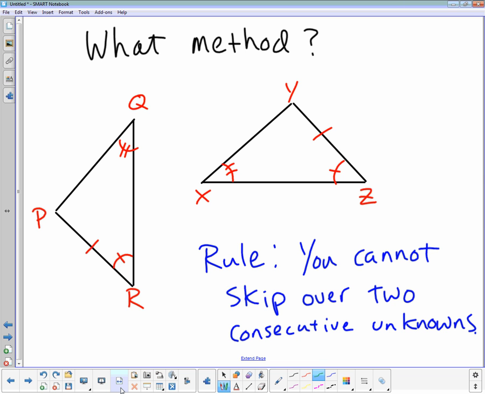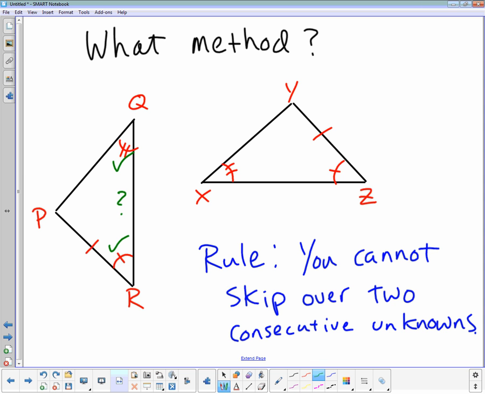So let's go around this thing. I know angle Q, right? Do I know QR? Do I know what that is? There's no tick mark on it, right? There's no rule. That's an unknown. What about angle Y? Do I know about it? Yeah, I got a tick mark on it. We're good.